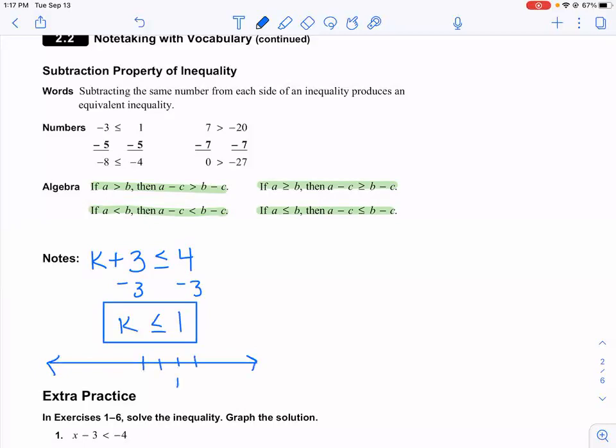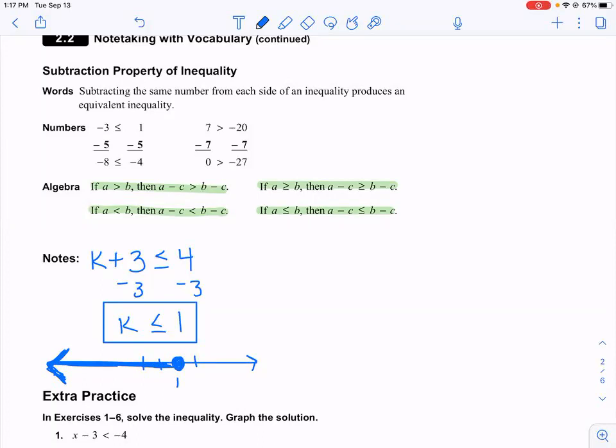Okay, Nathan, closed circle or open circle? Closed. We have less than or equal to 1. Amy, which way do I shade? Left. K is less than or equal to 1, so I want numbers that are smaller than 1.